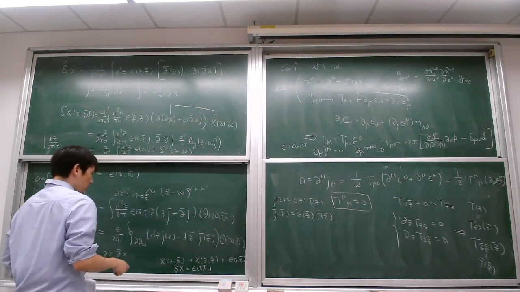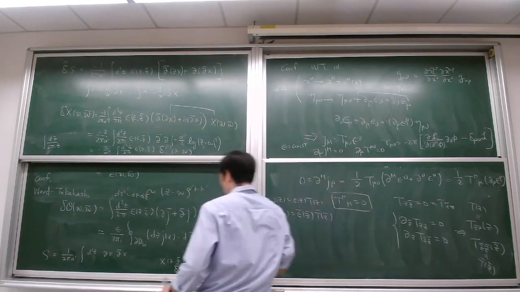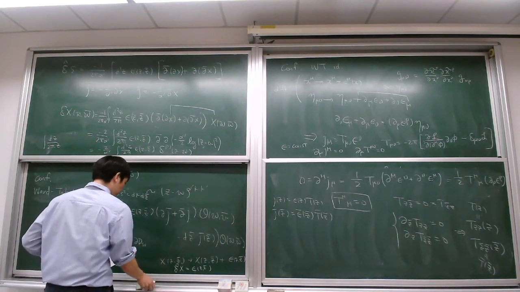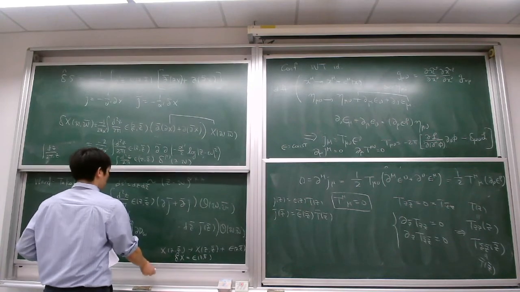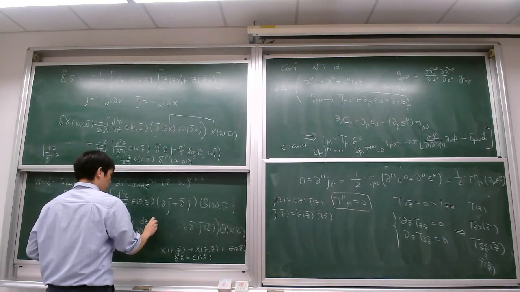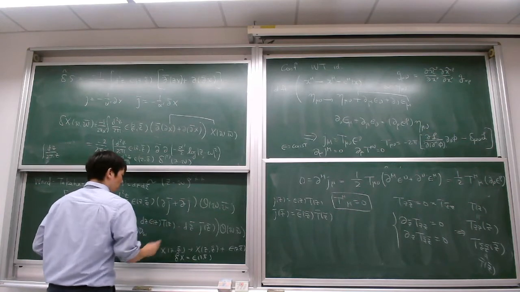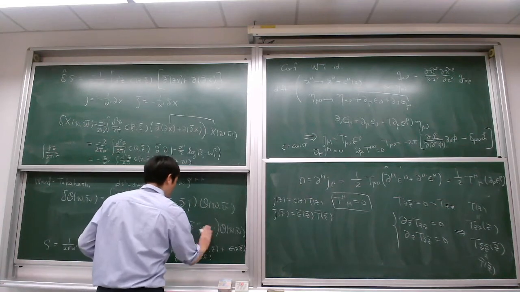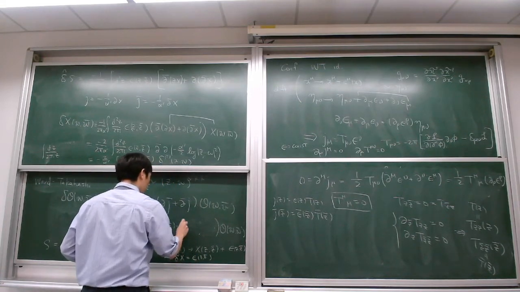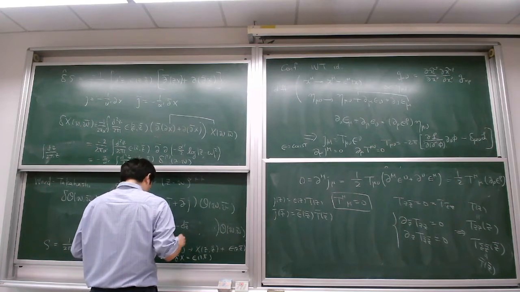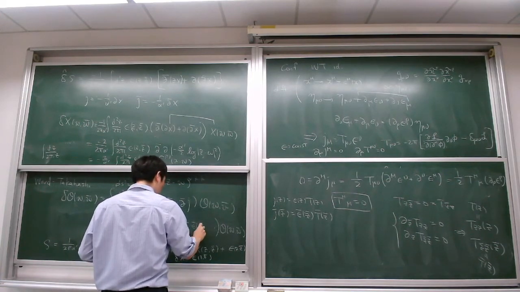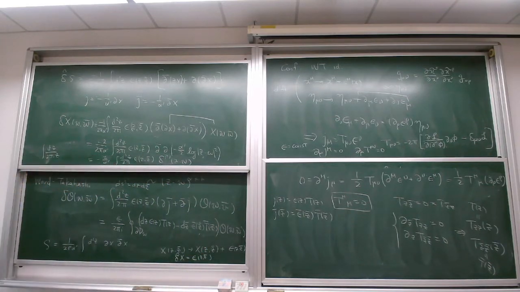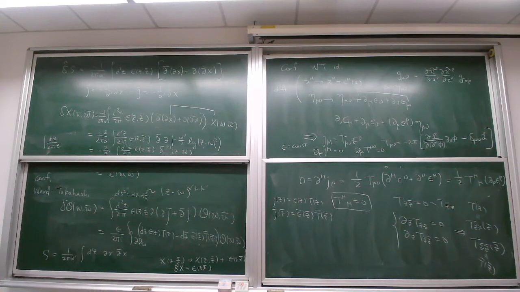Then what you get is essentially epsilon_z T_z, and here you have epsilon bar T bar. Okay, so this is the conformal Ward-Takahashi identity.